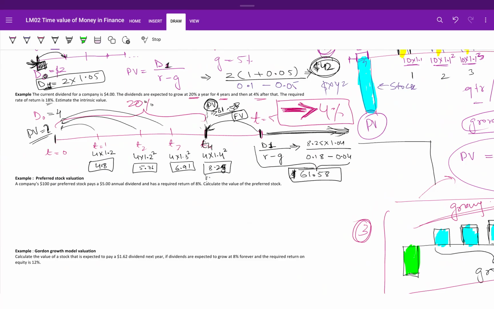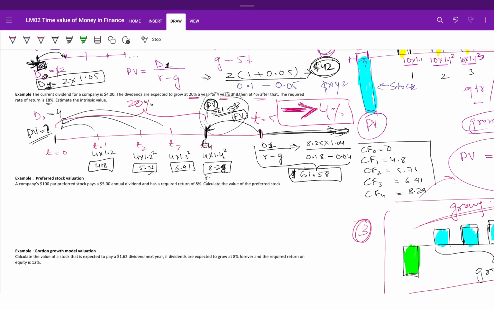We are looking at cash flow at time zero, which is zero. Cash flow at time one is 4.8. Cash flow at time two is 5.76. Cash flow at time three is 6.91. Cash flow at time four is 8.29, and cash flow at time four includes 61.58.